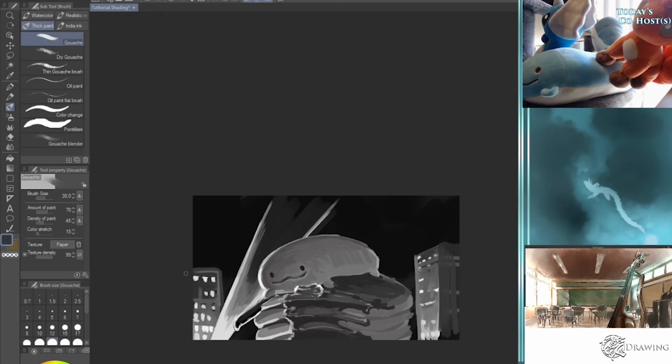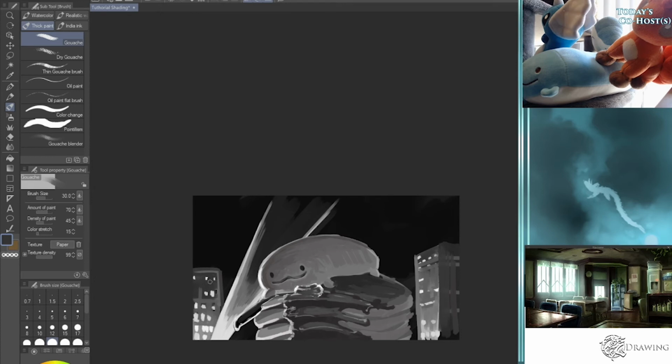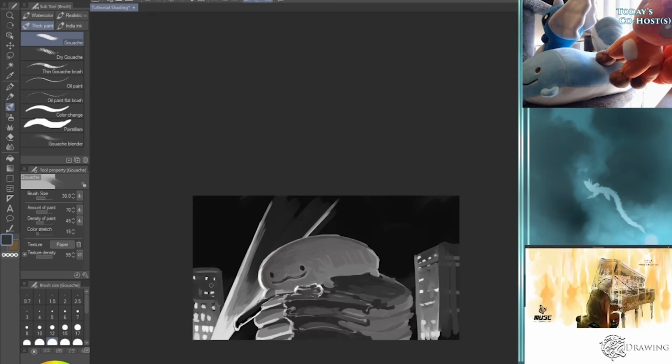Now this stuff up here does attract a little bit, so I'm actually going to fade it out just a tad. And there we have Pancake, King of the Monsters.